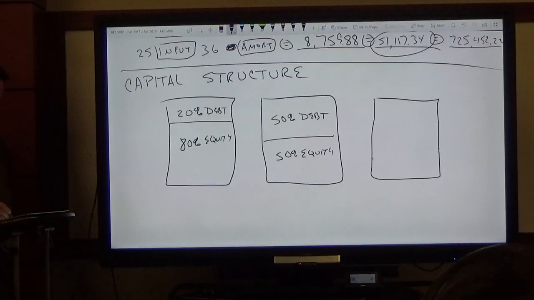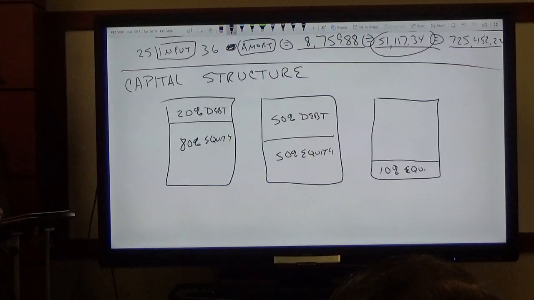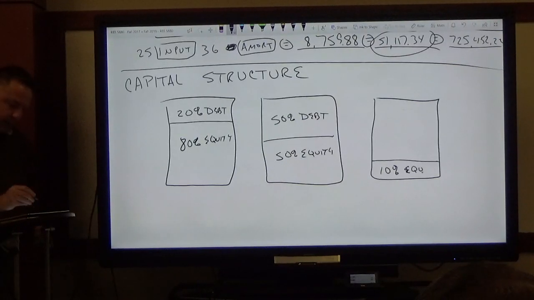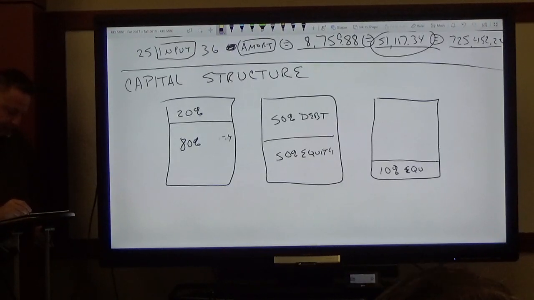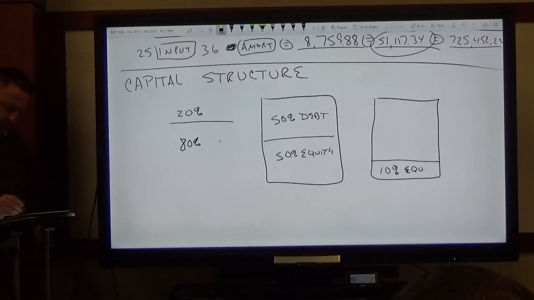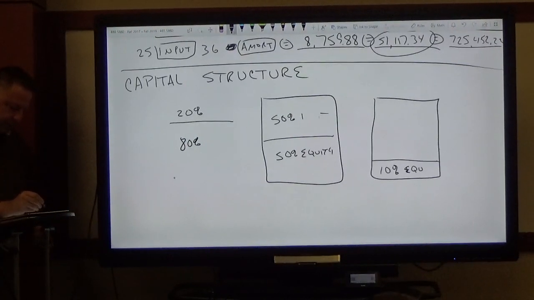And you could have a situation where you almost completely reverse this, that maybe you've got 10% equity. I'm sorry. Whoops, I meant debt, my bad. I know what I was doing, but I reversed what I was saying.